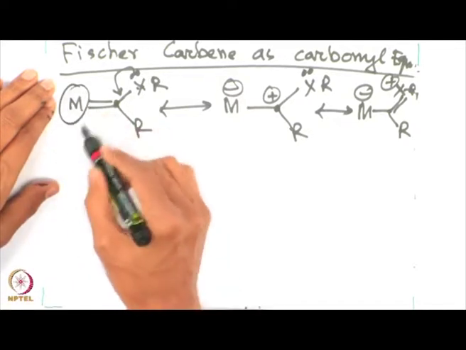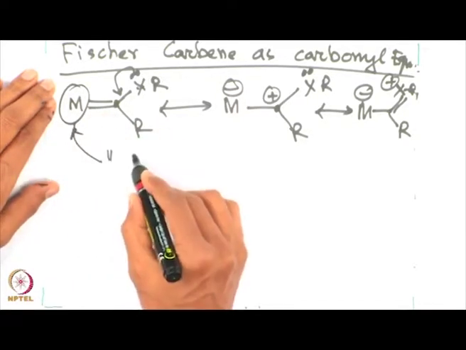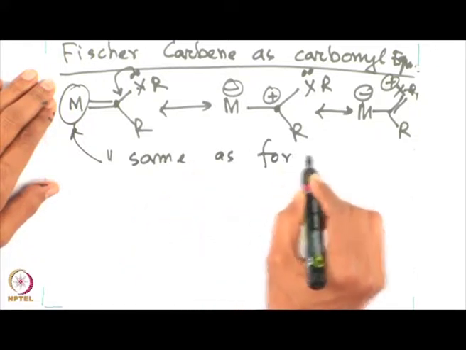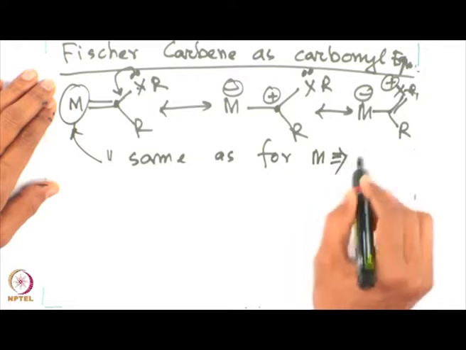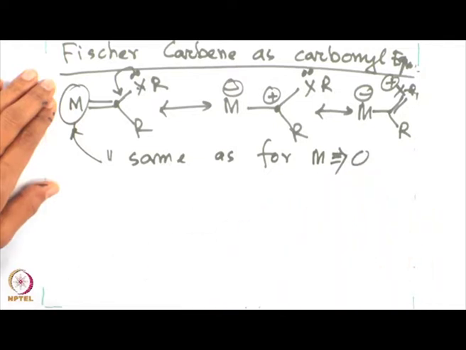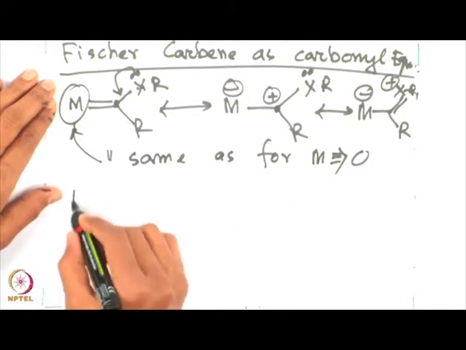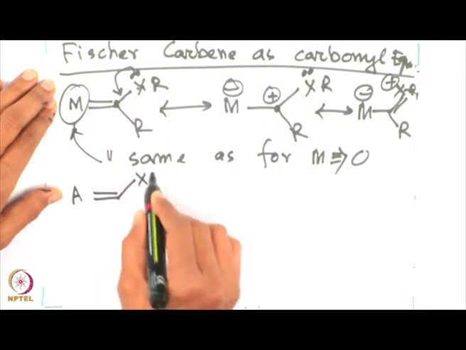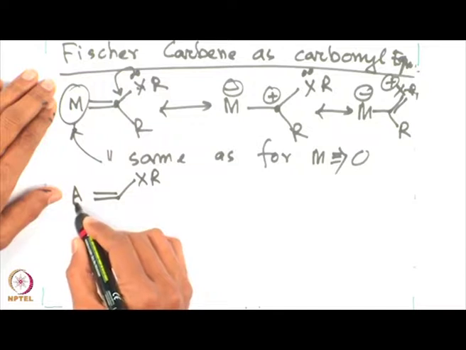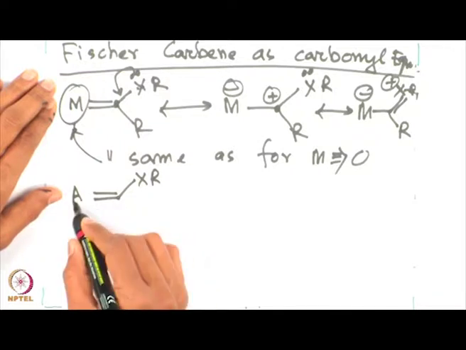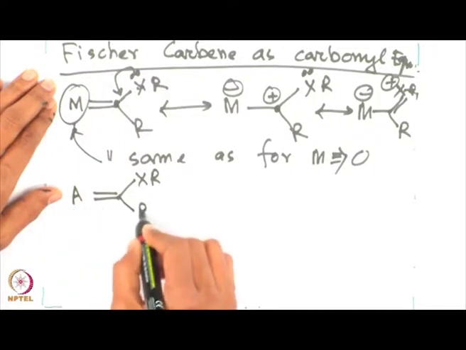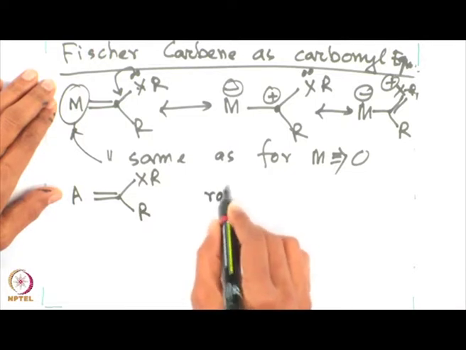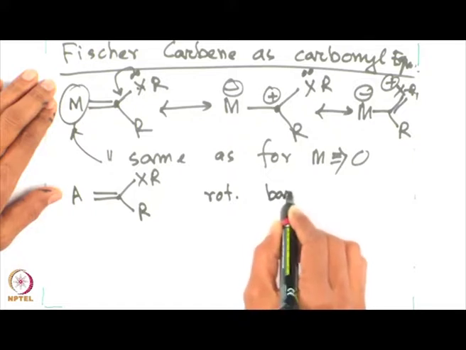So, this metal center, as it turned out, is the same as for M equals oxo, that means ester or amide. Now, we will compare, let us say we put A double bond XR, where A could be oxygen or metal, and we are trying to compare with ester, and we will try to see the rotational barrier.